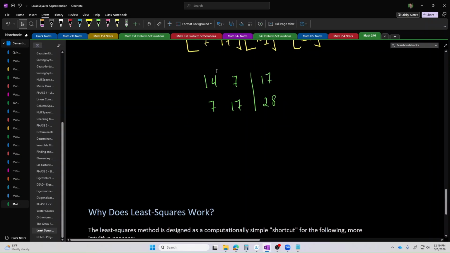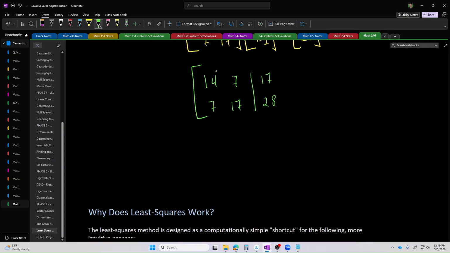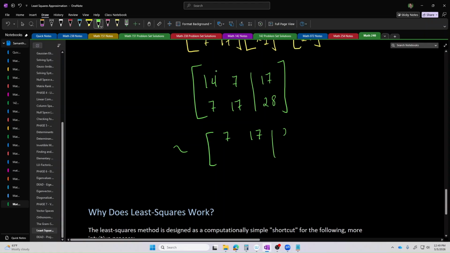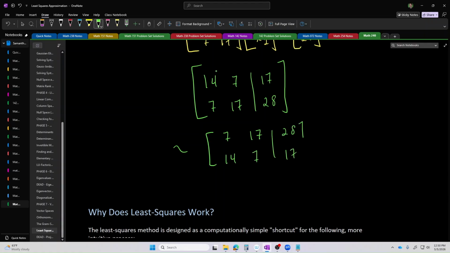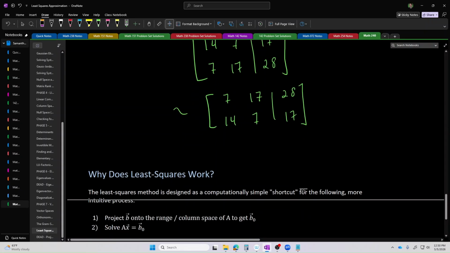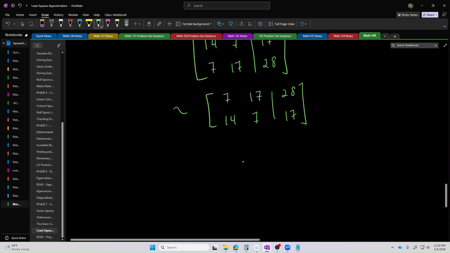I can, for example, swap the two rows. If I swap the two rows, then I can cancel out this entry in the bottom left corner just by applying -2 copies of the first row down into the second row.